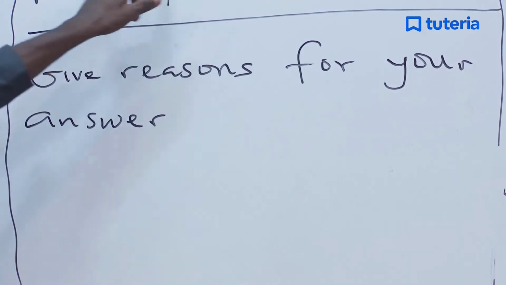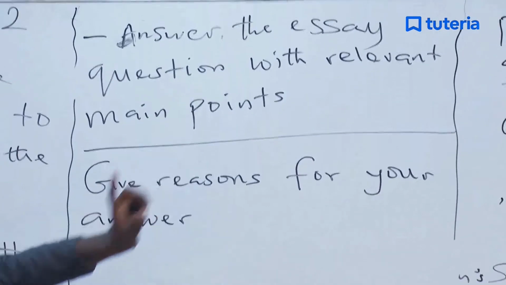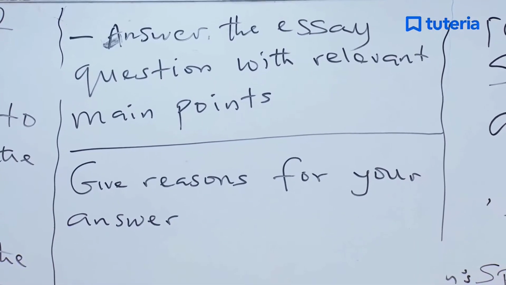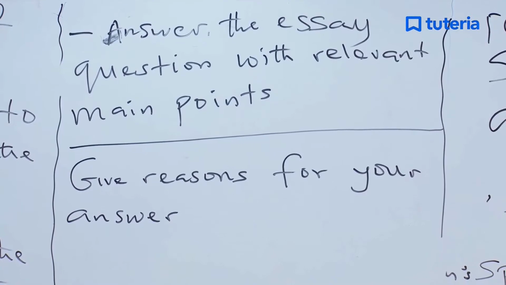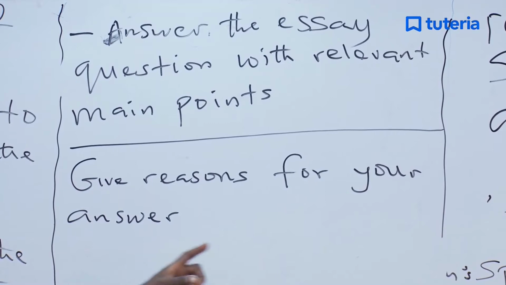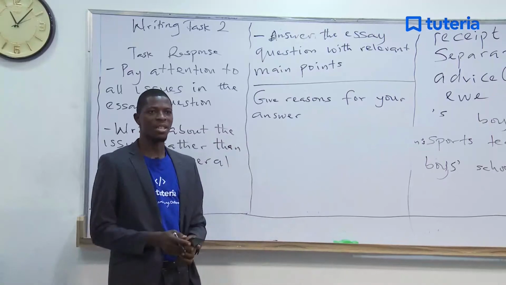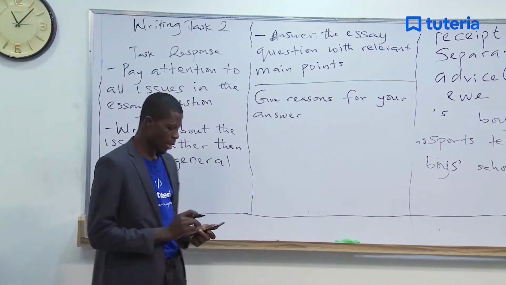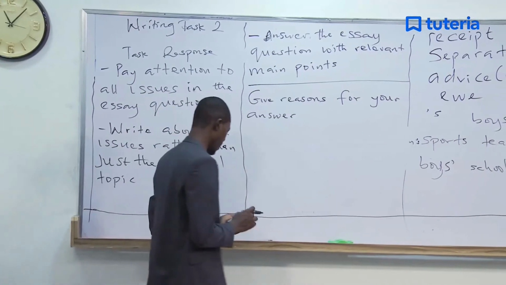You can see, answer the essay question with relevant main points. Okay? Why did Ade eat the meal? Reasons. Okay, it can be 2 or 3, depending on the question. So you must have reasons. You can't just start writing, do you get? You must have reasons throughout your essay. That's what it means basically.